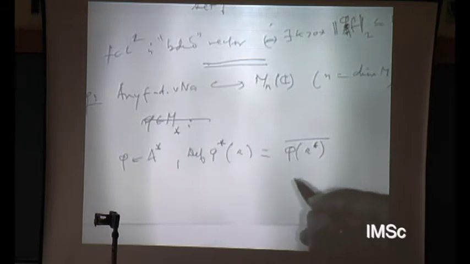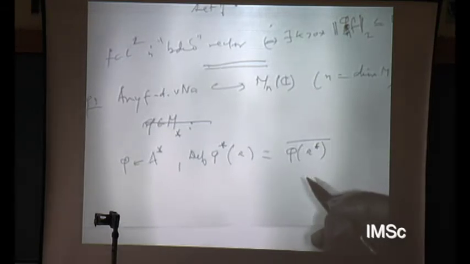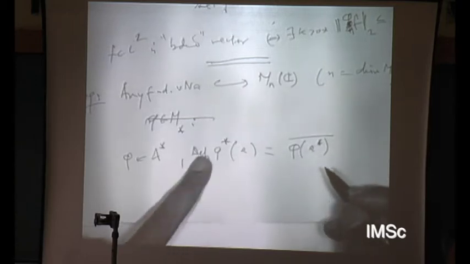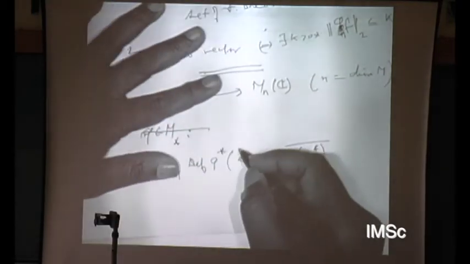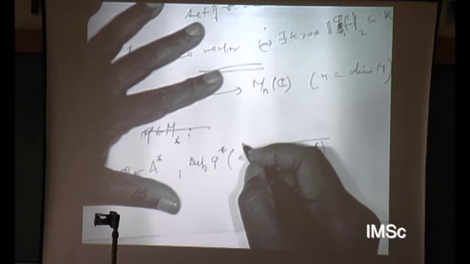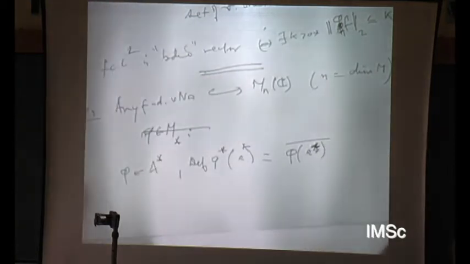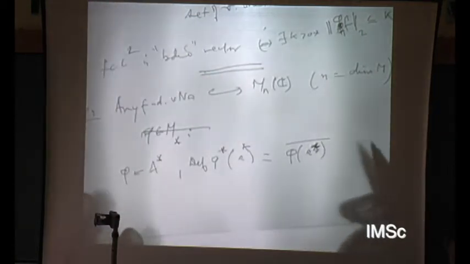Then you can check that this is linear, and it will have the property by definition that phi star of A star, if I swing things around, will be phi of A bar. Right?